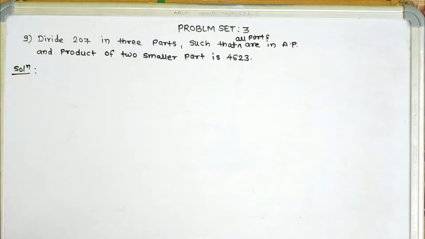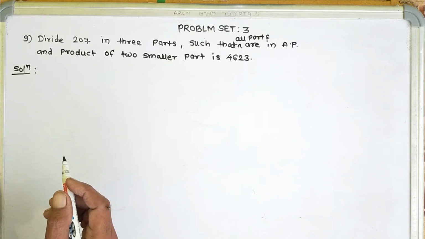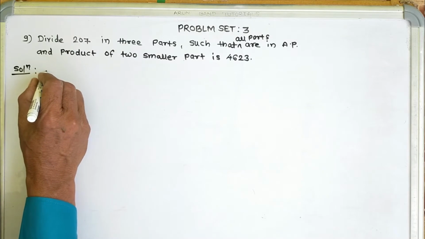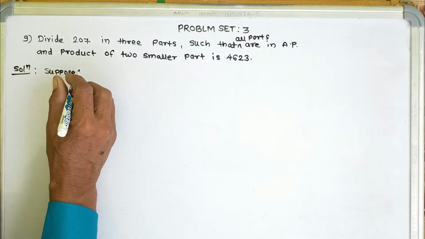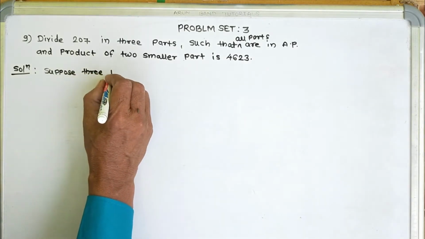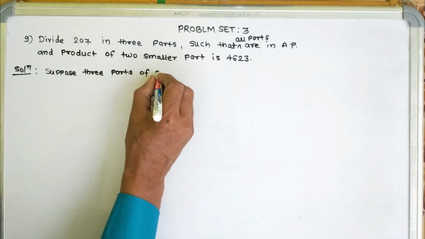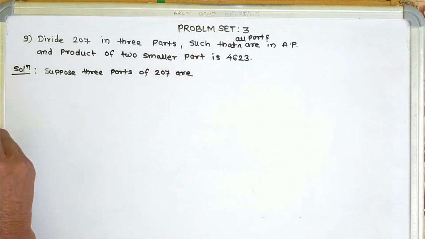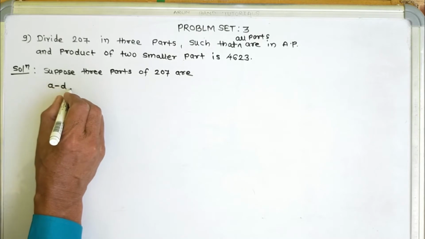Now we will take that 3 parts are a minus d, a and a plus d. Suppose three parts of 207 are: first part is a minus d, this is smaller part.